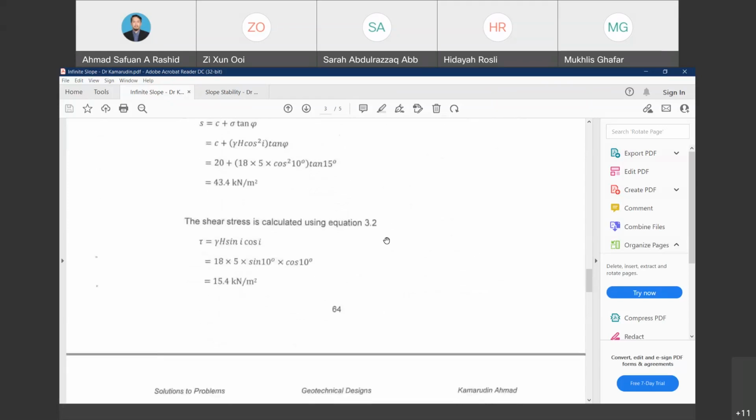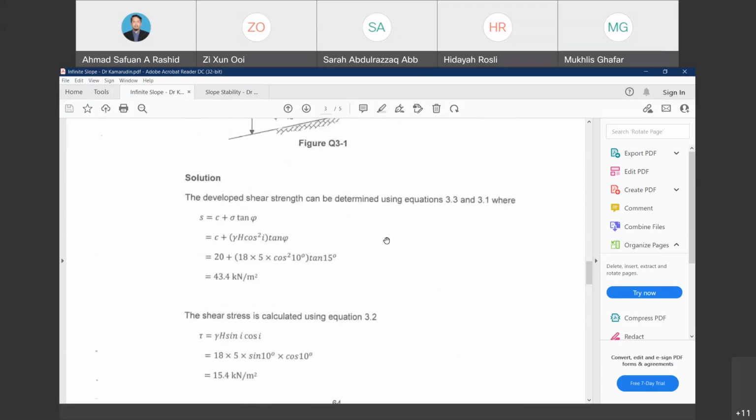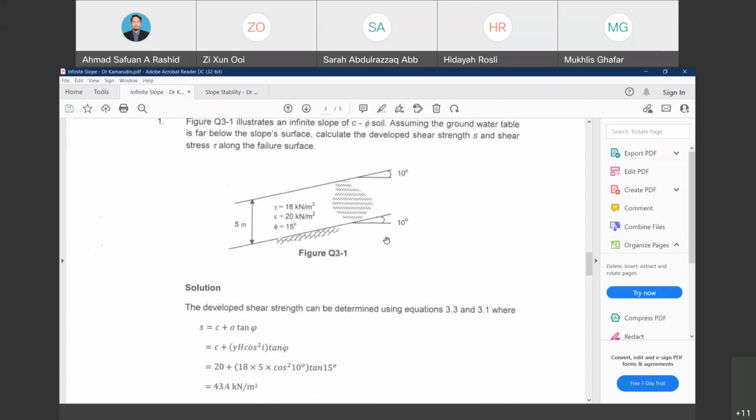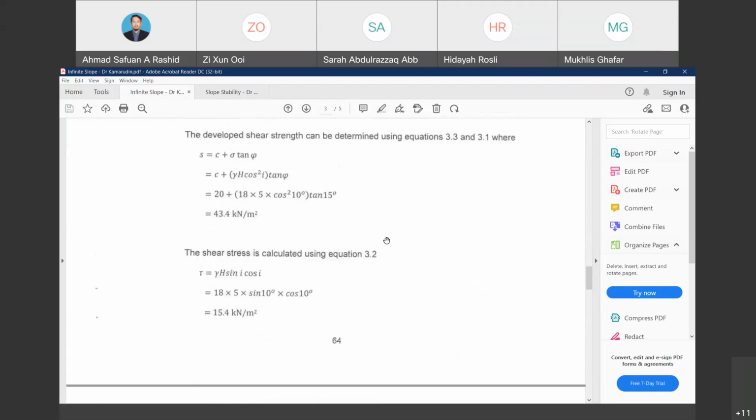It's similar to the one that we calculated in Dr. Kamarudin's example. This means the simplified Dunn equation is suitable when the water is far from the surface. So that is for the first example.